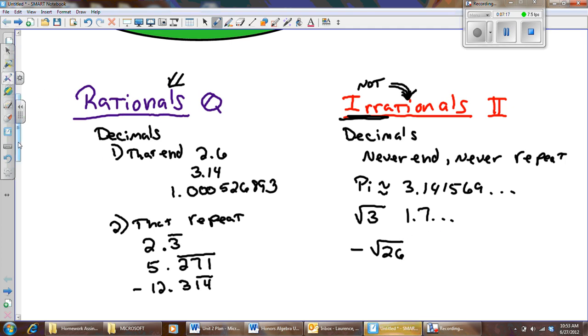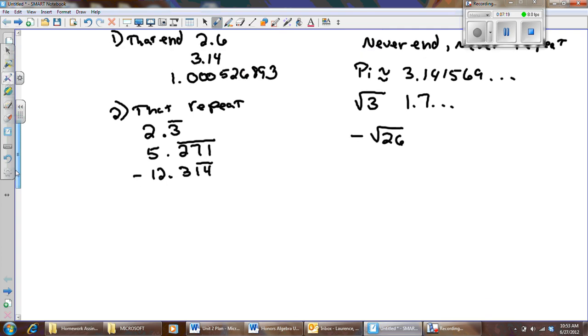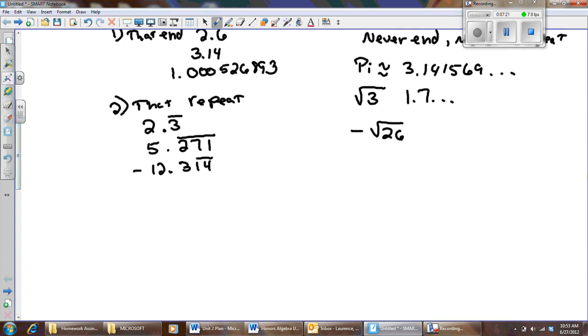Now, there's one more thing that the rationals include. If you have a decimal that ends or repeats, you can always turn it into a fraction. So if you have a fraction, it's rational. Now, let's take a look at the word rational.